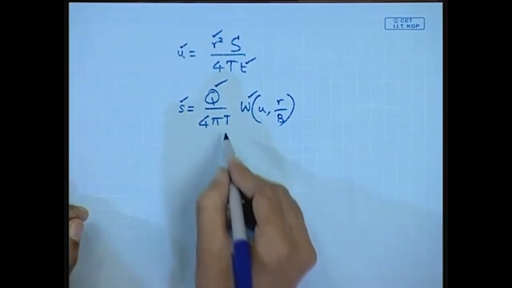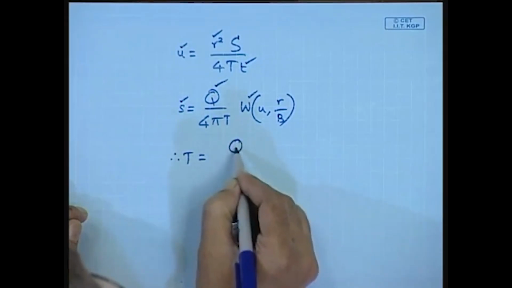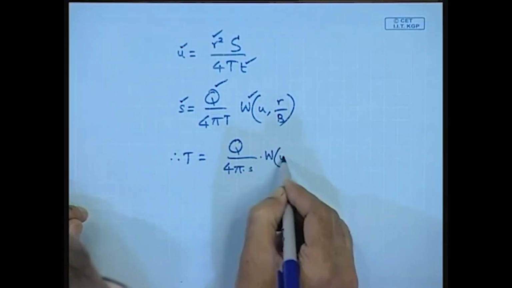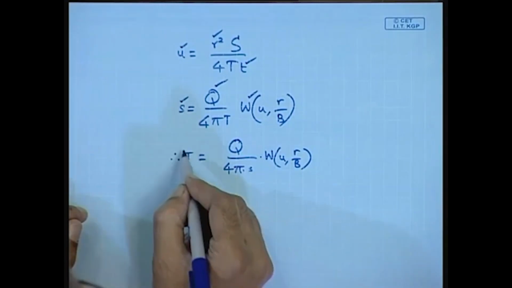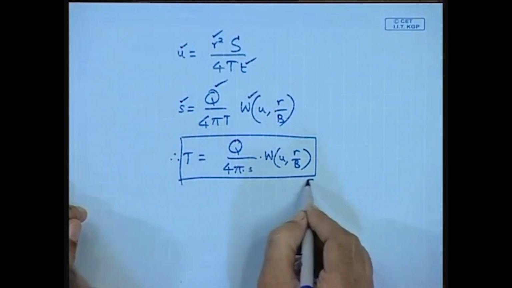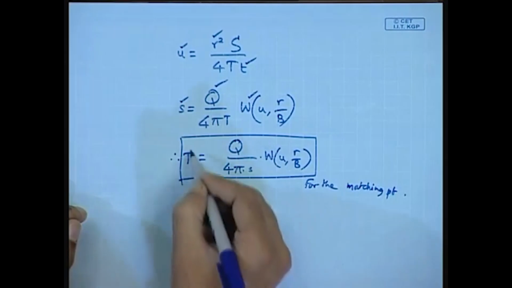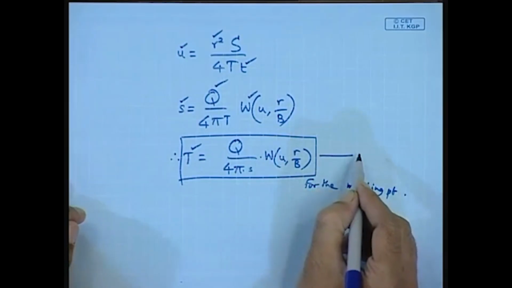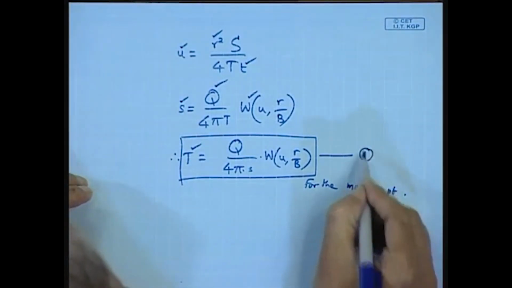Therefore, T is equal to q divided by 4 pi S into W(u, r/b), for the matching point. You can call this equation 1.